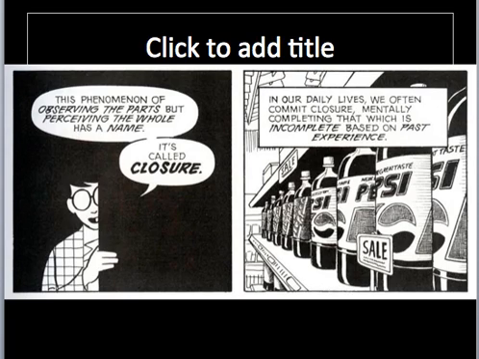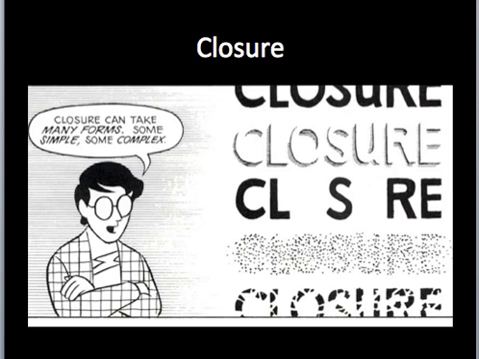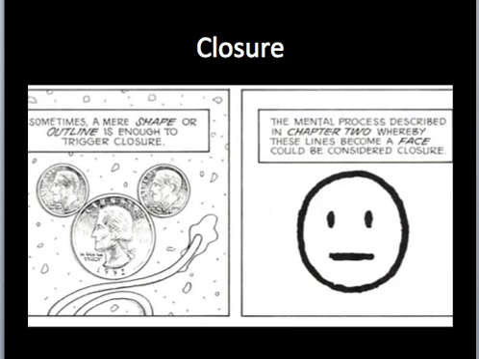This phenomenon, observing the parts but perceiving it as a whole, has a name. It's closure. In our daily lives, we often commit closure mentally, completing that which is incomplete based on past experience. Closure can take many forms, some simple, some more complex. Sometimes a mere shape or outline is enough to trigger closure.